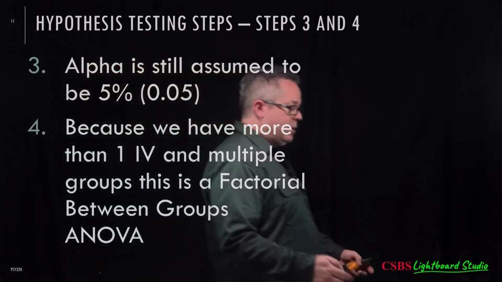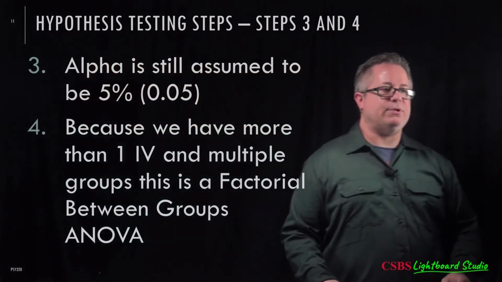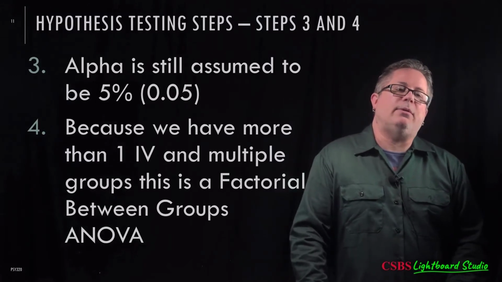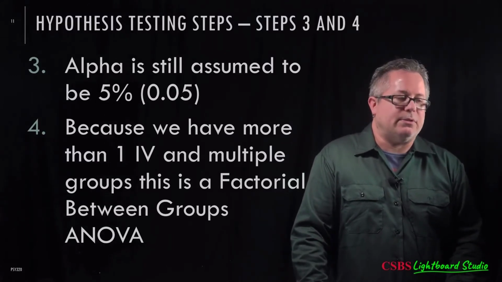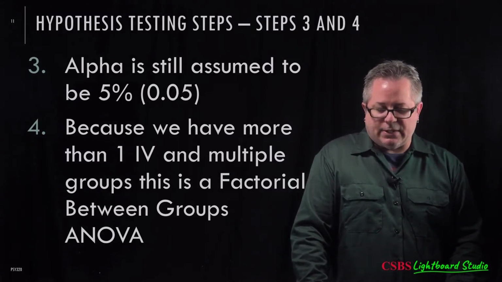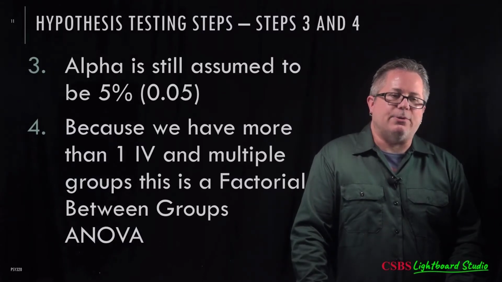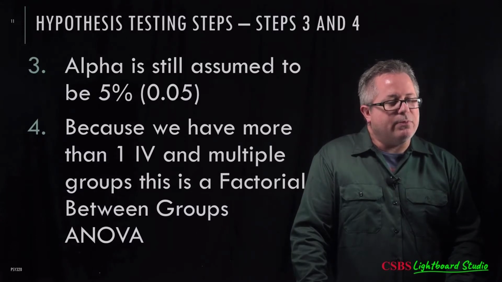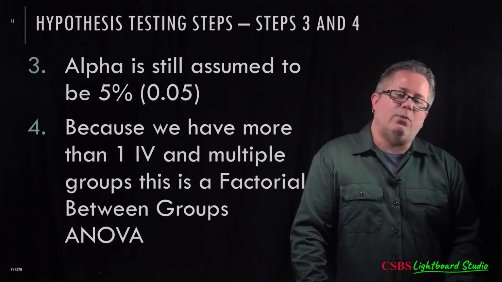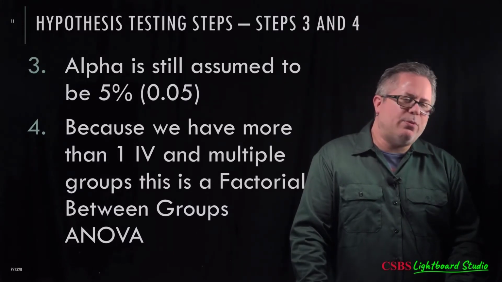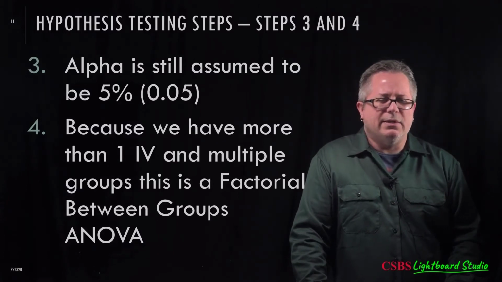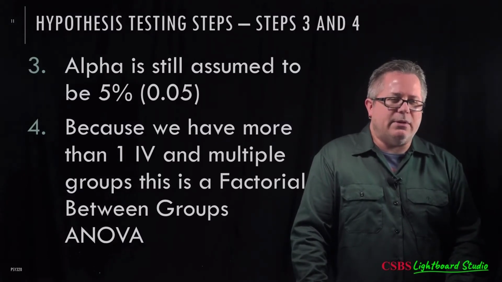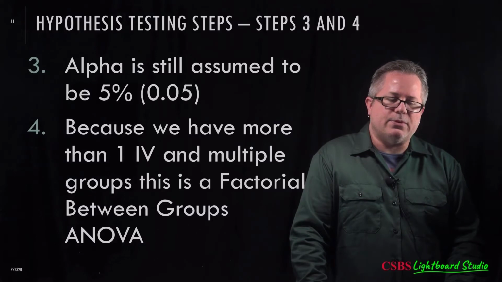For steps 3 and 4, not much has changed. Alpha is still 5%. We still want it to be at 0.05, and still an assumption. It's like the convention that we all seem to sort of follow. Because we have more than one IV, we've sort of moved beyond a one-way ANOVA. There are multiple groups. They're independent samples, so it's between groups.